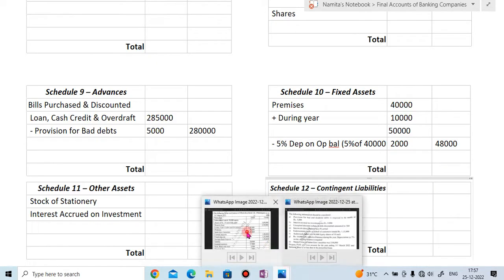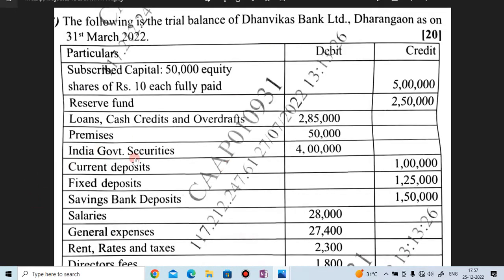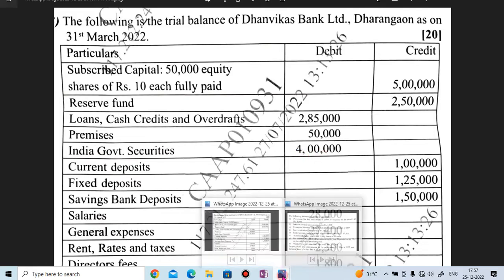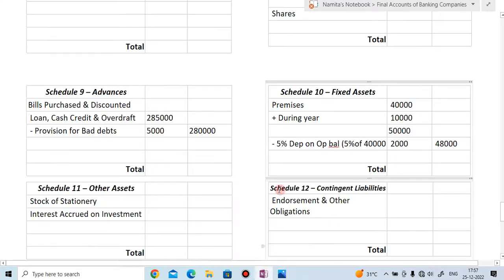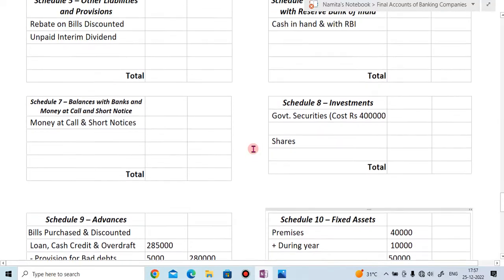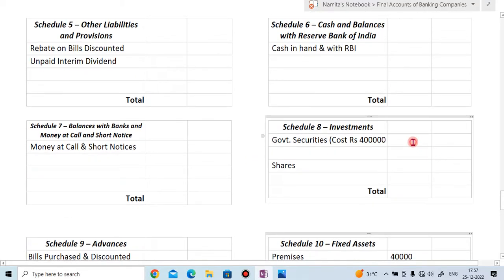Next entry is government security. What is government security? 4 lakh rupees. Now there is an adjustment on government security saying that the market value of the Indian government security was rupees 3,90,000. Government securities are an investment, right?